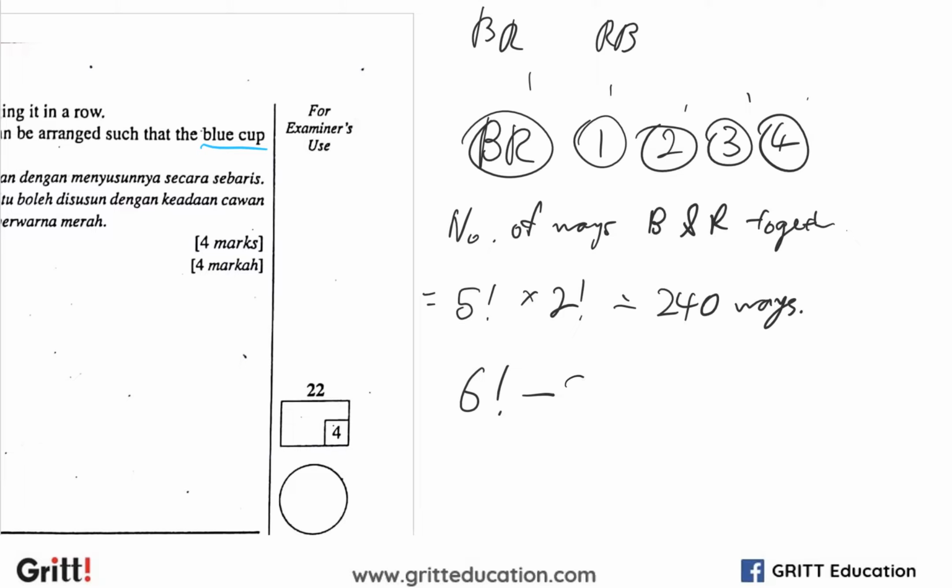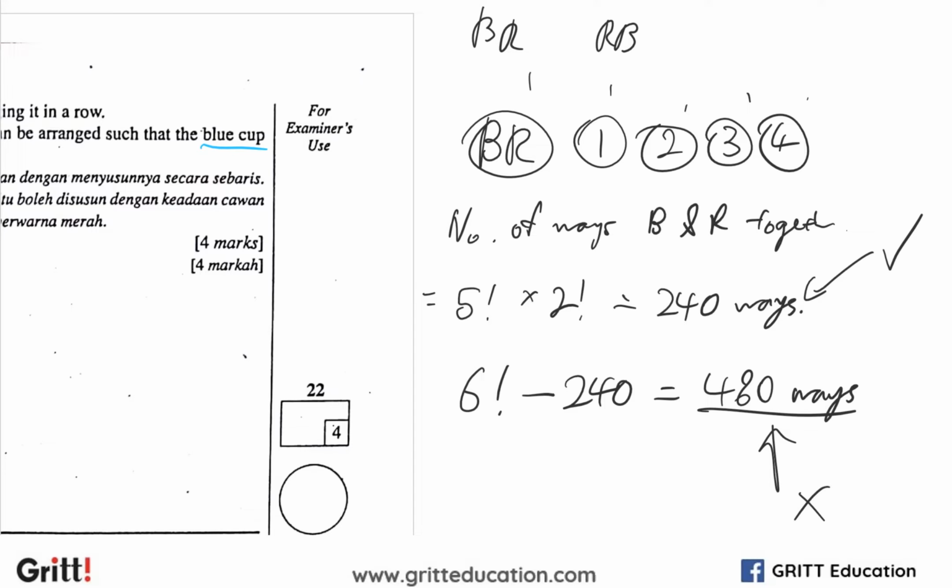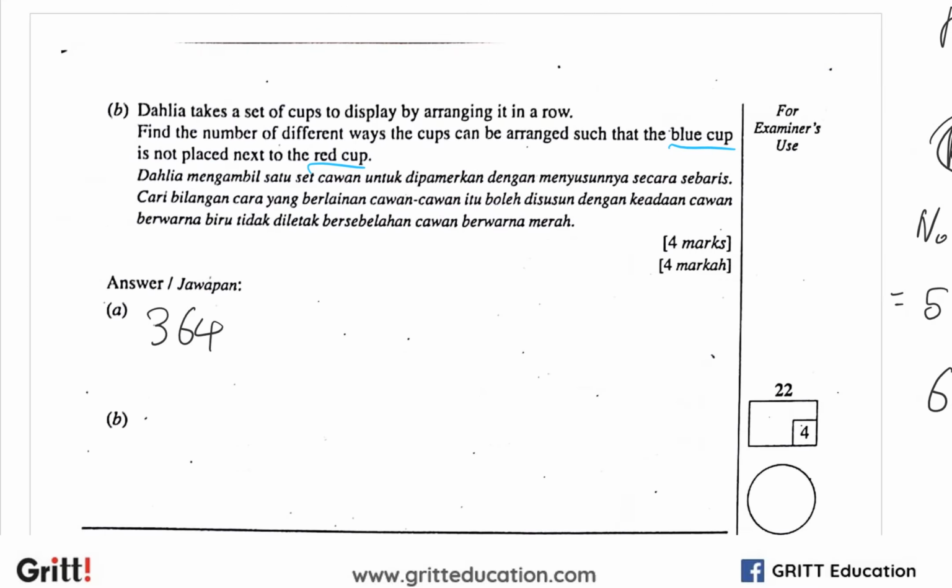And you minus 240. From here, you will get the answer, 480 ways. So this is the number of ways such that the blue and the red cup are not next to each other. This one is next to each other, but this one is not. So with that said, the answer is 480 ways.